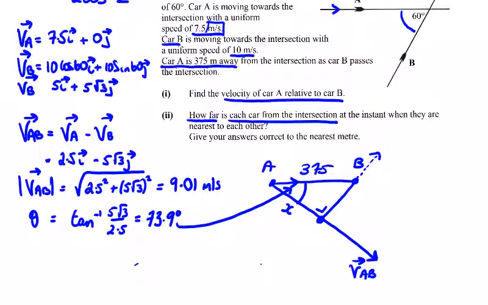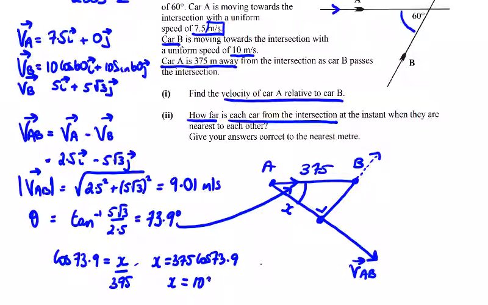So we have adjacent to the angle, so we have the cos of the angle, the cos of 73.9 is equal to x over the hypotenuse, 375. So x is equal to 375 cos 73.9, nearly 104. I'll take 103.99 just to be a little bit more accurate.